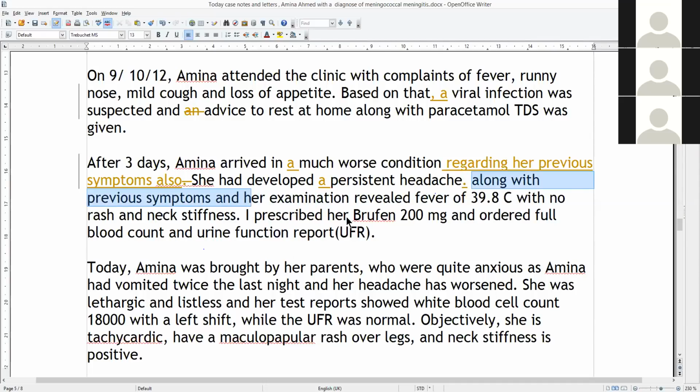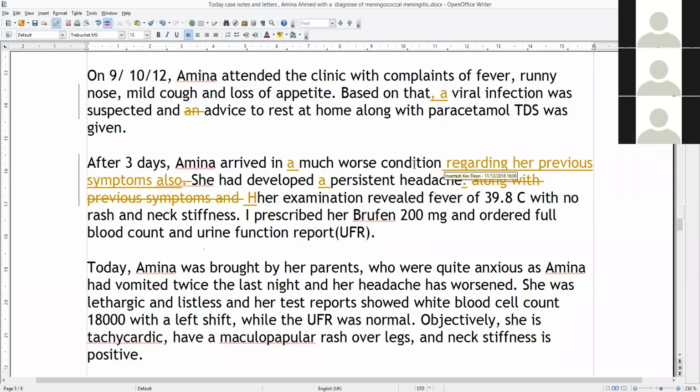And I would begin a new sentence. Her examination, yeah? So this is what I would have done. I would have changed that around.